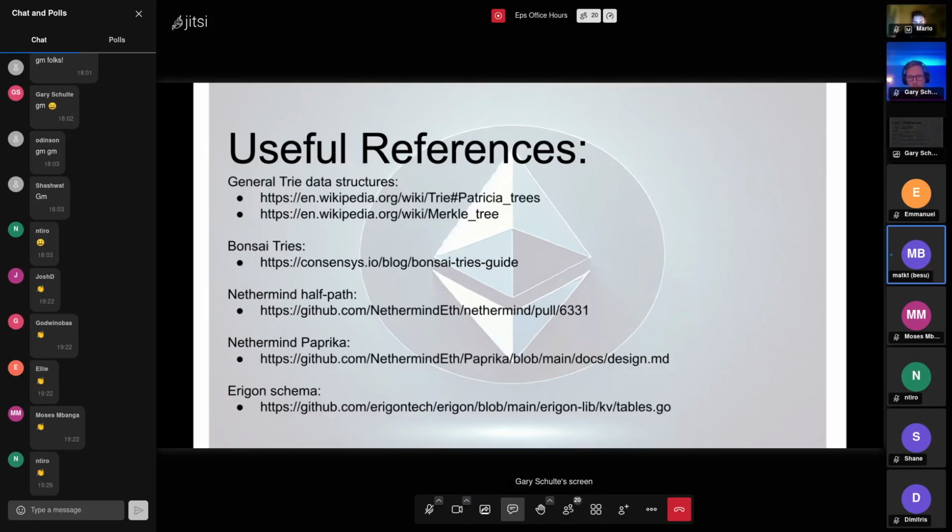Bonsai parallelization could help to do some stuff in parallel, such as pre-computing, doing some disk accesses in parallel in order to have something faster. We can also maybe do some computation in parallel, or maybe cache some precompile calls. And all of this stuff can also help regarding the challenge that we have with Verkle.